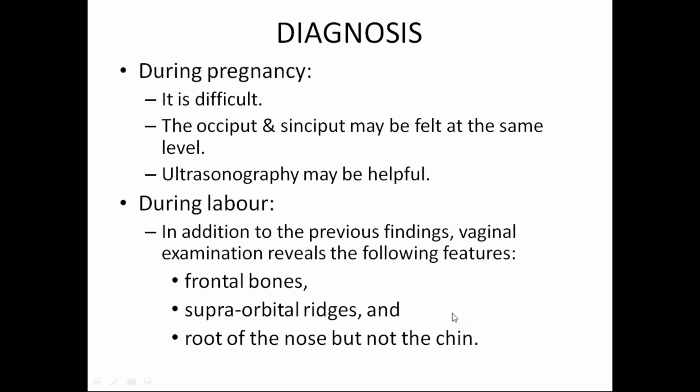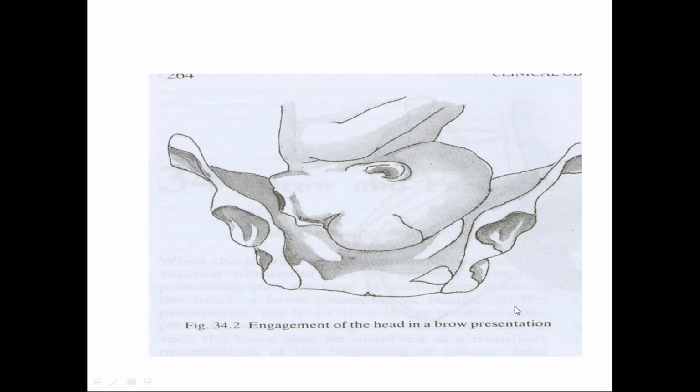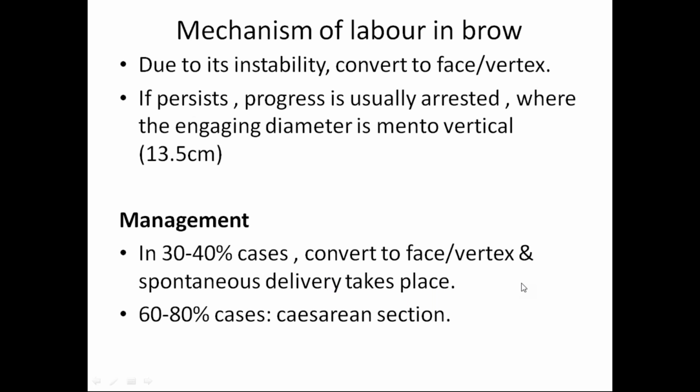Whereas in a brow, you will feel only the brow, the supraorbital ridges, frontal bones, and the root of the nose. That's all. You can't make out anything else. So there is no normal mechanism of labor because there is such a big diameter. There is no pelvic diameter which can allow it.